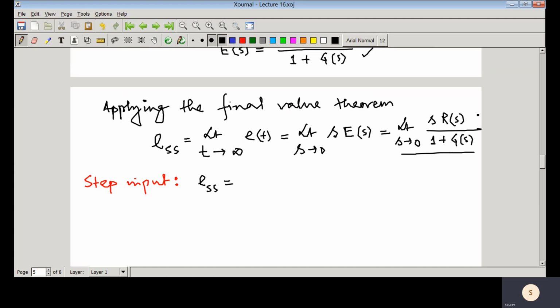Whenever R(s) is step, that is 1 by s, then this expression e_ss would be 1 by 1 plus limit s tends to 0 G(s), because in place of R(s) if we put 1 by s, unit step, this s will be cancelled out, so that is 1 by 1 plus G(s), and if you just apply this limit you will get this expression.